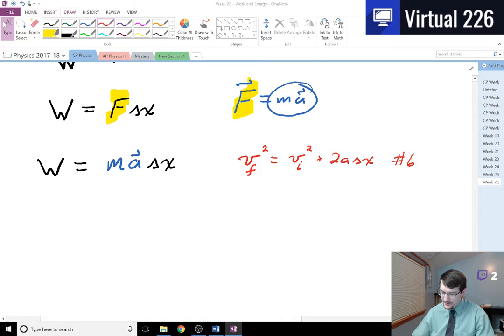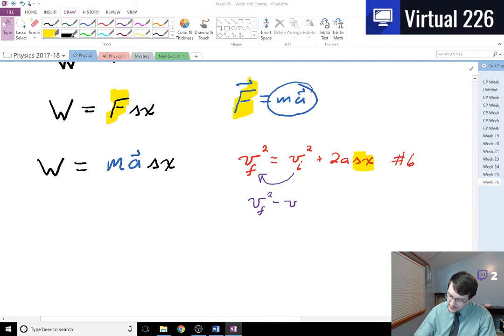Nothing too crazy there. What I'm going to do is solve for the acceleration. First I'll subtract vi squared over, so I get vf squared minus vi squared equals 2a delta x, and then the logical thing to do is divide by 2 delta x.